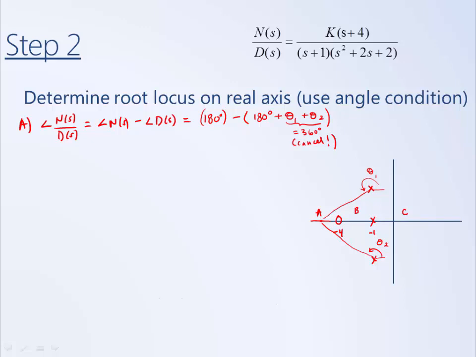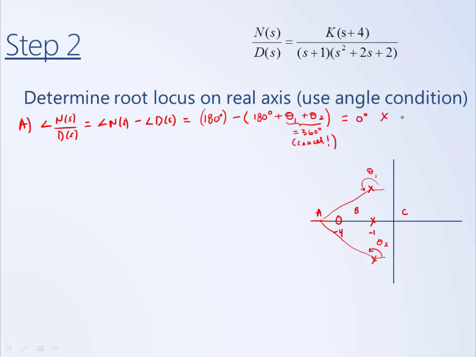So looking at the rest, we have 180 degrees subtracting 180 degrees plus some multiple of 360. That sums to 0 or 360 or 720 or whatever. And think about, does this satisfy our angle condition?